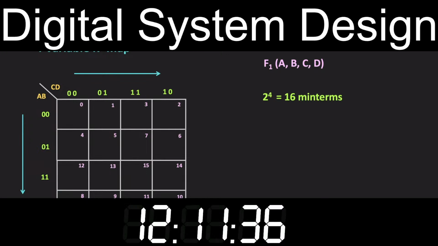Or in other words, for the 4 variables, there are total 16 minterms, right? So each cell of the K-map represents a specific combination of the variables A, B, C and D.